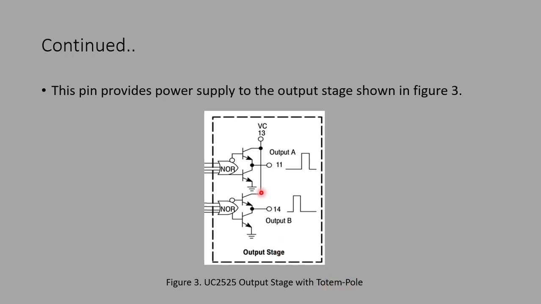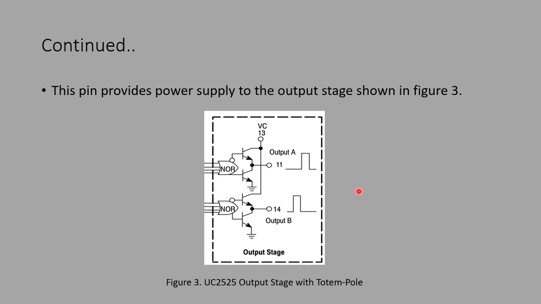The output stage is connected to pin number 13, which is VCC, with some power level and voltage level. If pin number 13 is connected to 15 volts, then we will get an output pulse of around 15 volts peak to peak.